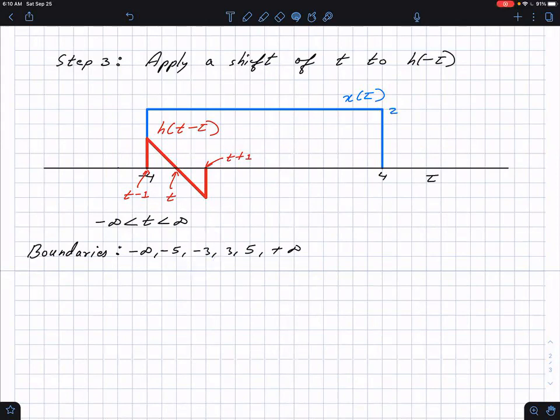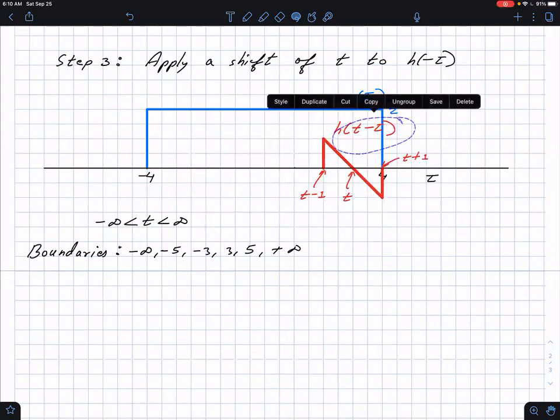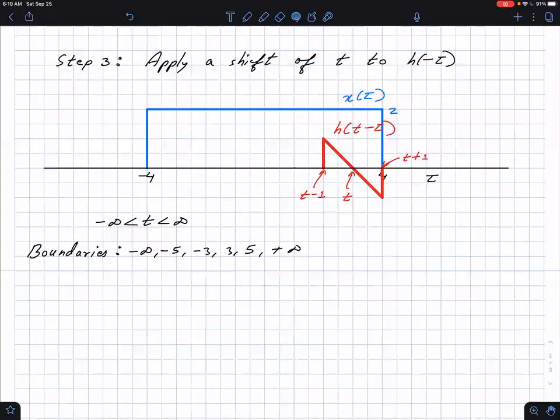And it's important because this is when full overlap between the two functions starts happening. Further increasing t will continue that trend. We keep seeing full overlap until we get to this point, which is obtained by applying a shift of t equals 3. So t equals 3 is also another important point.